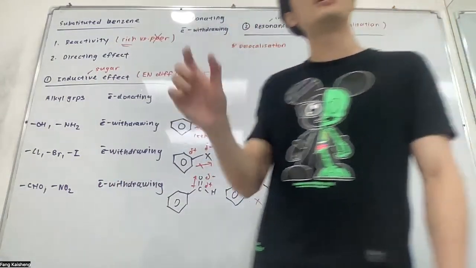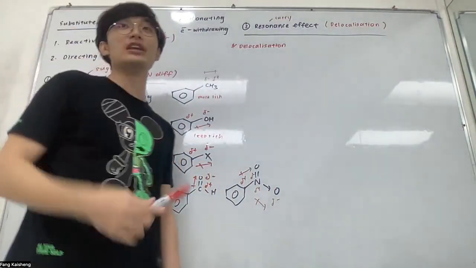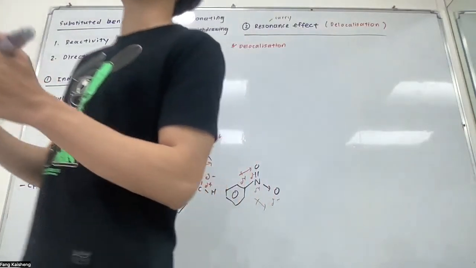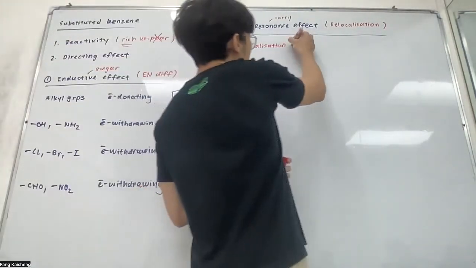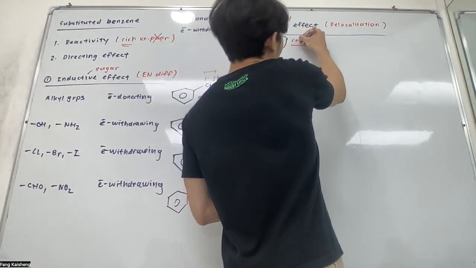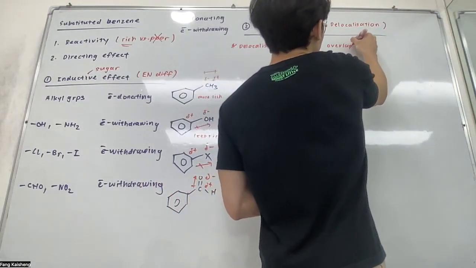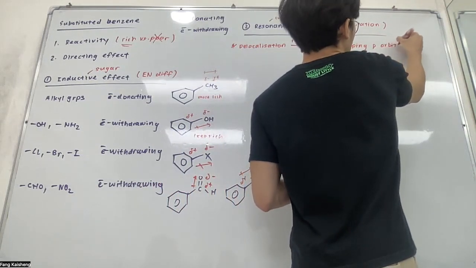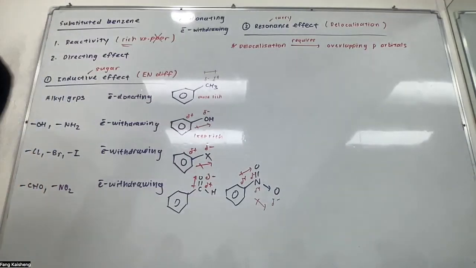Before electrons can fly freely around a compound, something must happen first. The p orbitals must overlap. Yes, good. Take note of this: delocalization requires overlapping p orbitals, not hybridized orbitals, none of that nonsense. Just p orbitals. So we must check for this first, then electrons can delocalize.